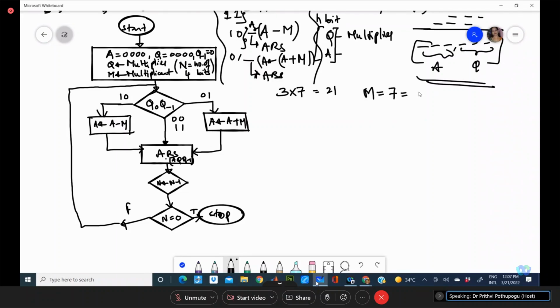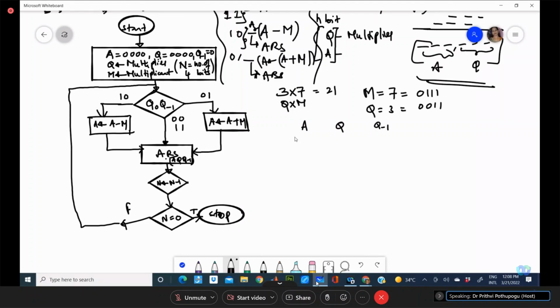If I represent this, it should be 0 1 1 1, 4-bit. And Q is 3, that means this is Q into M I'm taking. Q is 3, that means this should be 0 0 1 1. Now what we need to do is take A, that means 4 bits, and Q minus 1.